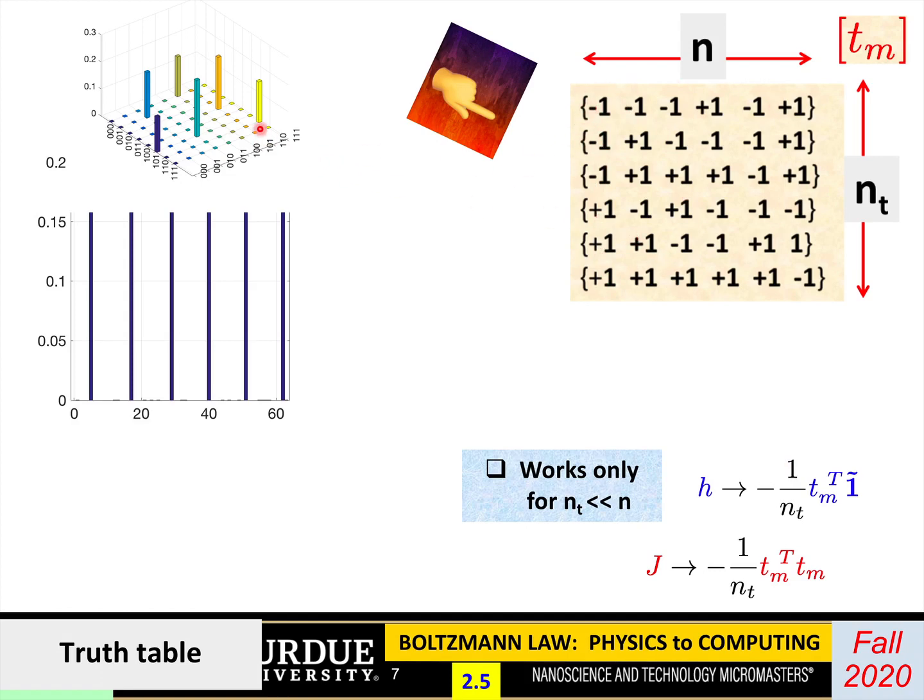Each row corresponds to a particular peak, and those are the rows of your truth table, whereas the number of columns is the number of bits that you have. In this case, we assumed it was 6 bits, and we have 6 peaks as well, but those two don't have to be equal. And the point is, when you have many more bits than you have peaks, then this rule often works well. But what we'll be describing is something that's a little more general and much more widely used.